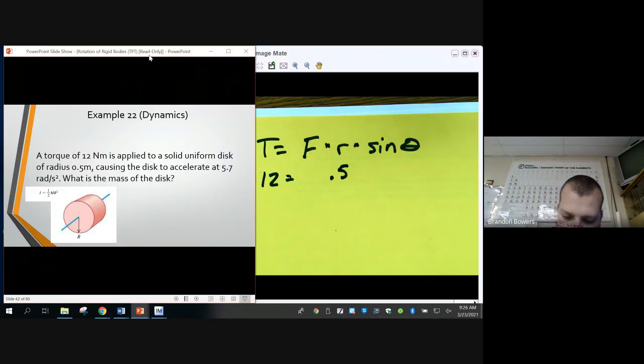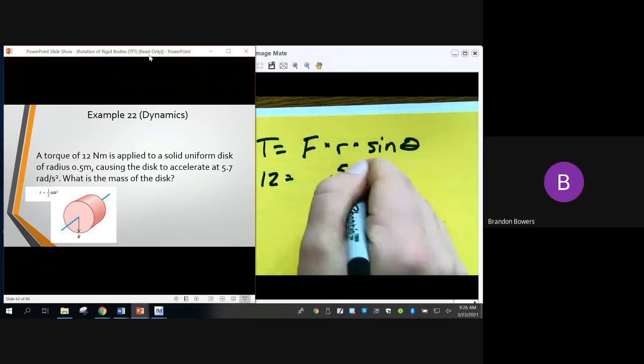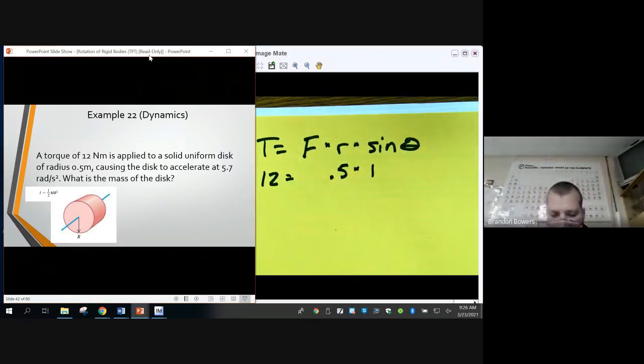Now, force. This is a little tricky one because are we given a force? We're given angular acceleration.